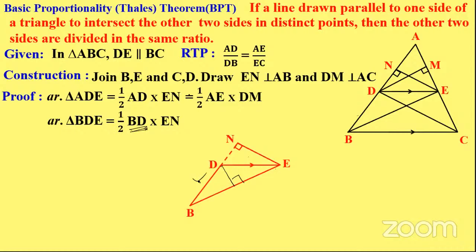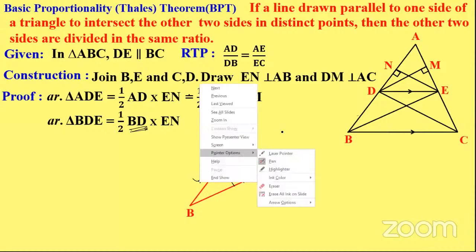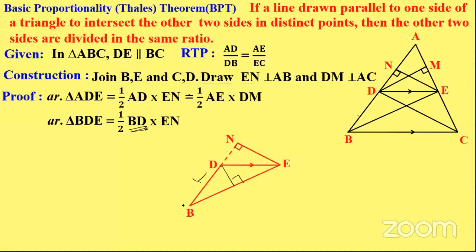Whenever BE is the base, obviously this is the altitude. Doubt is clear? Yes, sir.